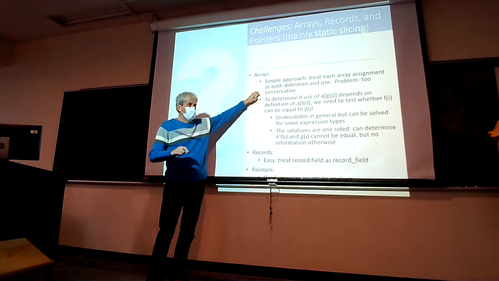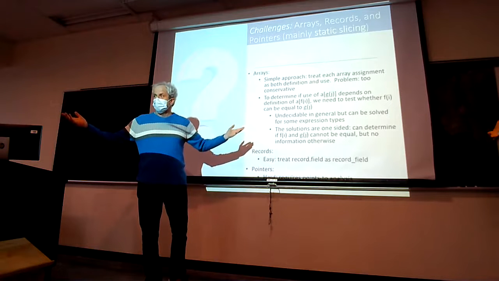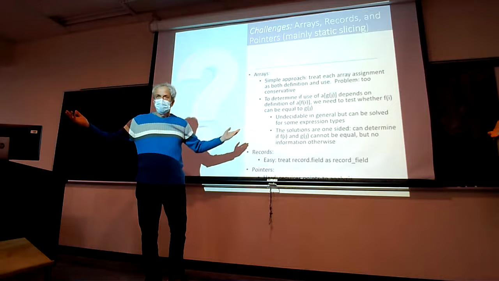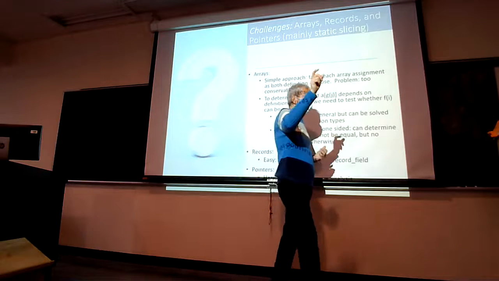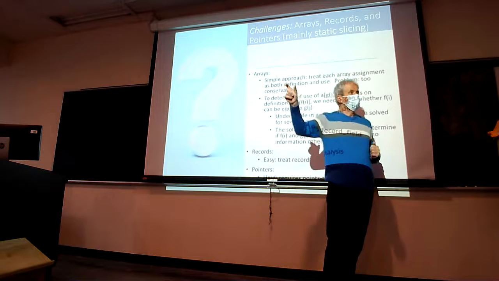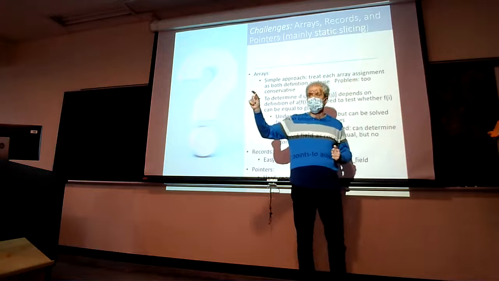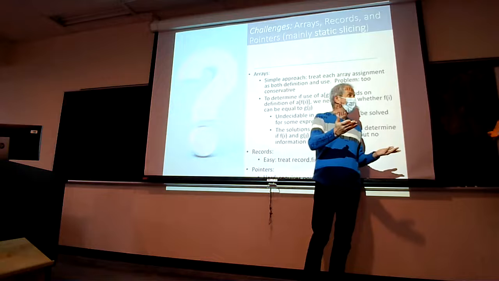Arrays. You have an array with 1,000 elements. Static slicing has to treat the array, all variables, has to consider all array elements because it doesn't have the runtime information. What is the value of I? A of I, it doesn't know what I is.